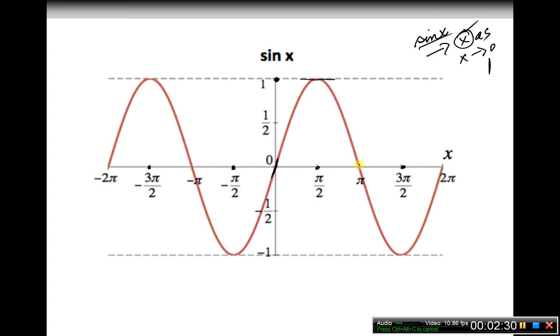Similarly, looking at x equals 2 pi, the slope looks the same as it does around x equals 0, and so we believe the derivative would be 1 there. At minus 2 pi, we believe the derivative would be 1 there.